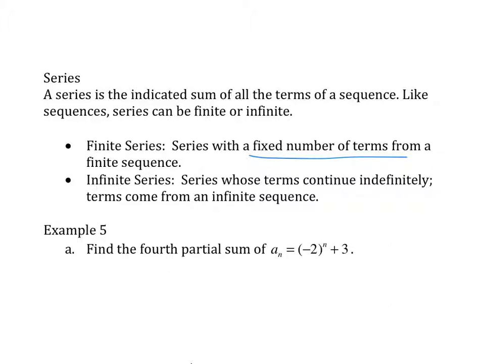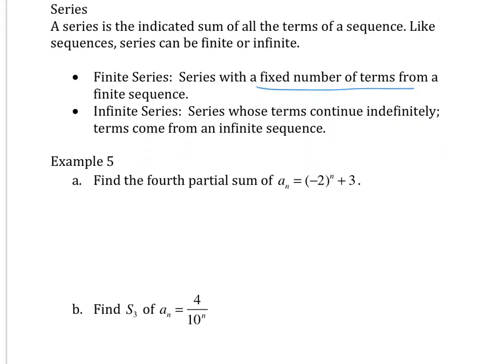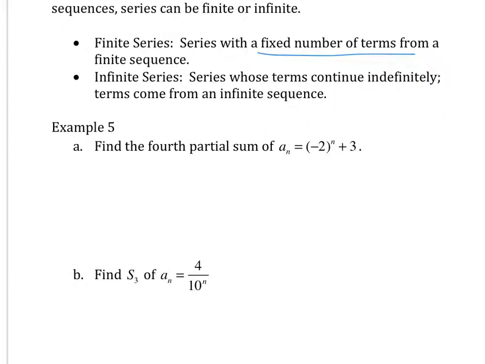Okay, so example number 5. It says find the fourth partial sum of a sub n equals negative 2 to the n plus 3. So the first thing is we have to find all the terms, the 4 terms. So a1 is going to be negative 2 to the first power plus 3, which is 1. And then a sub 2 is going to be negative 2 squared plus 3. So 4 plus 3 is 7.